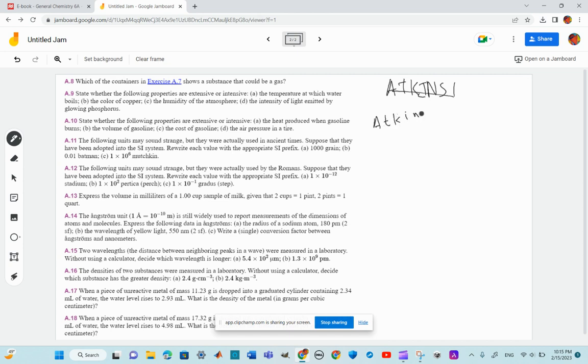If you're doing a citation, you write Peter Atkins, and then you write the name of the book, which is Chemical Principles: The Quest for Insight. And then you write the seventh edition over here.